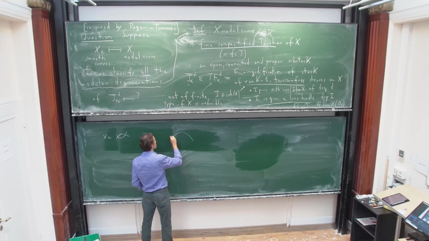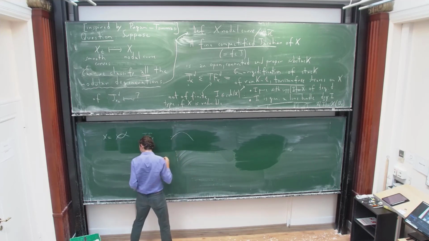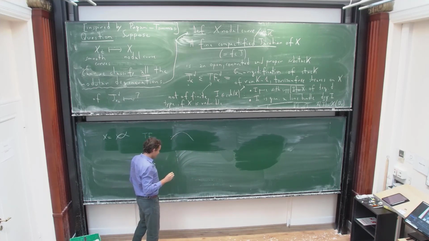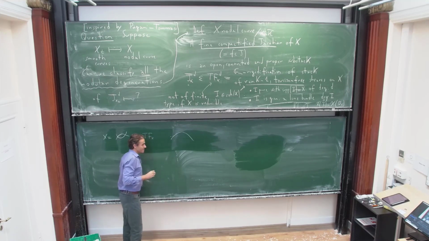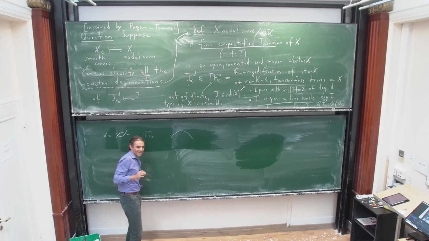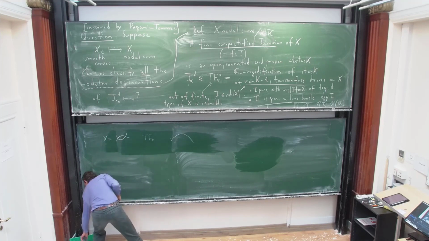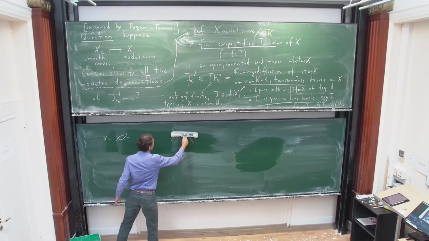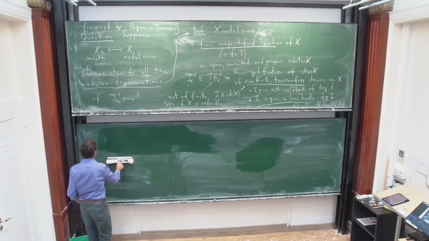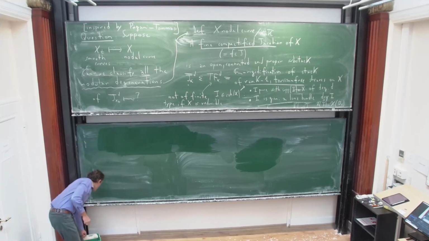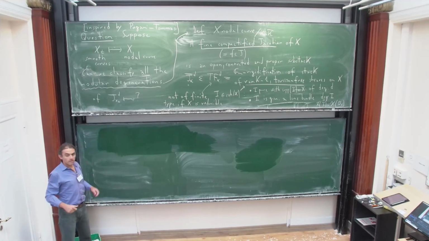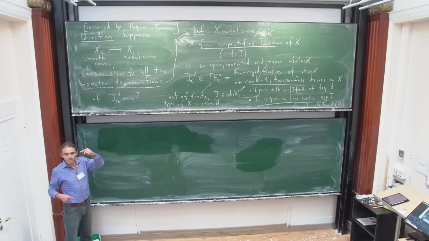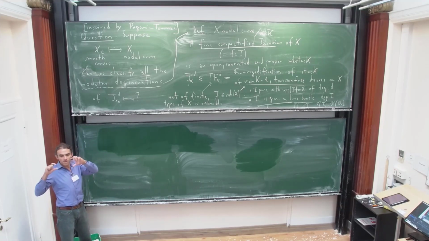Maybe I'll do this later. I didn't prepare this example. It's infinitely many copies of P^1s. Each of them has two non-separated points at 0 and infinity, and then they somehow intersect among each other.